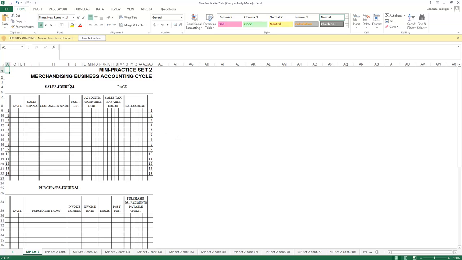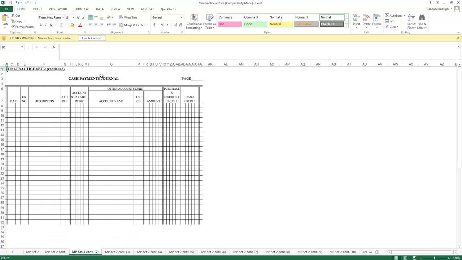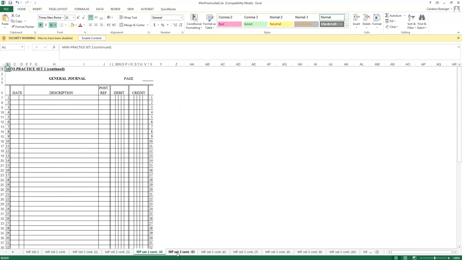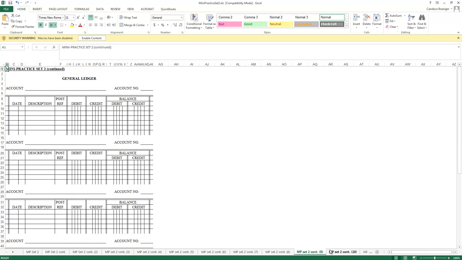So we have a sales journal, a purchases journal, cash receipts journal, cash payments journal, and a couple pages of general journal, and then we have our ledgers, and we have quite a few ledgers.